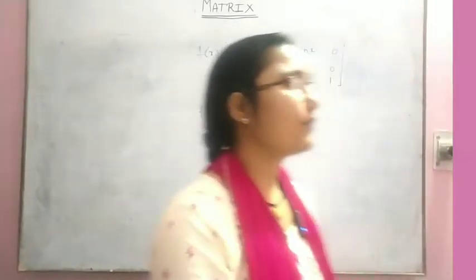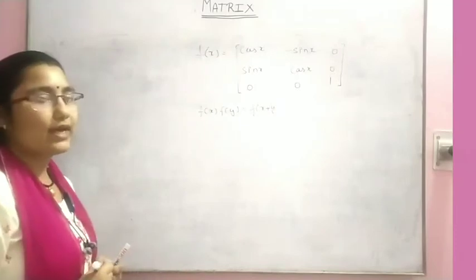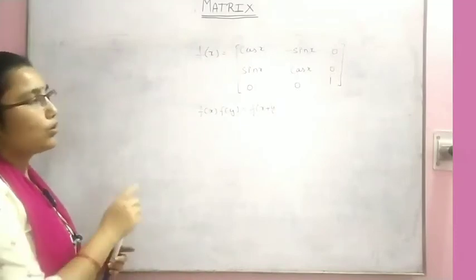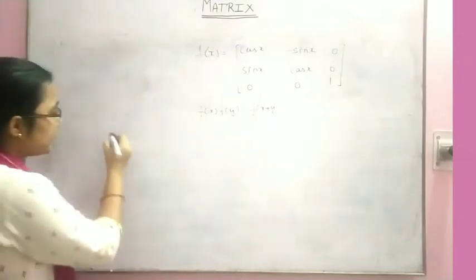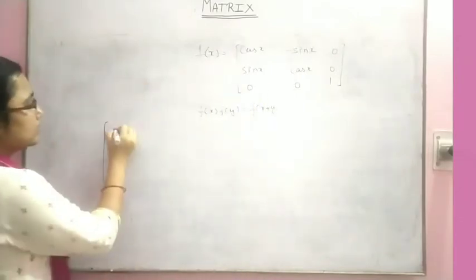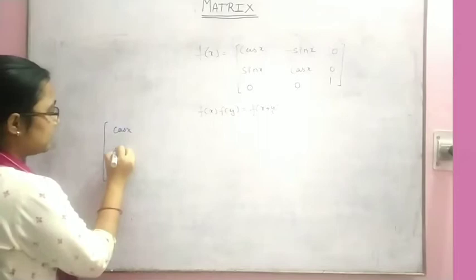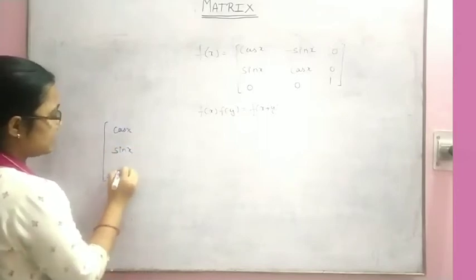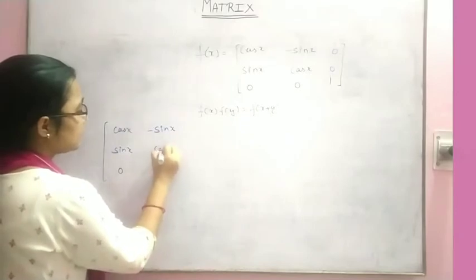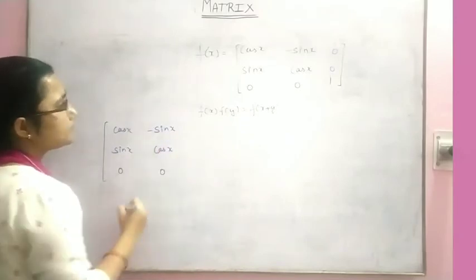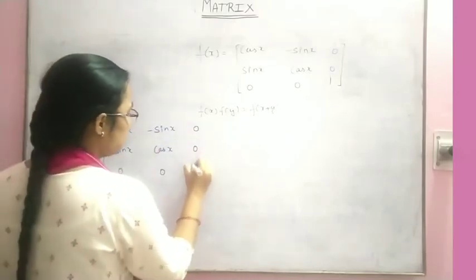So firstly, we have to find out f(y), that means hold the function in terms of y. Firstly, write down f(x). This is cos x, sin x, 0; minus sin x, cos x, 0; 0, 0, 1.